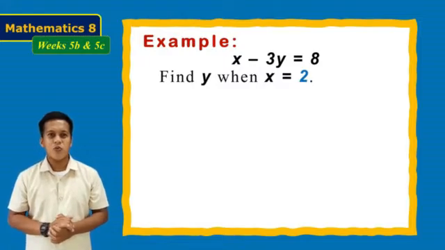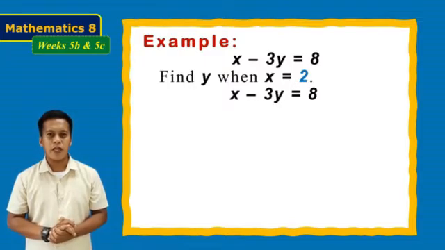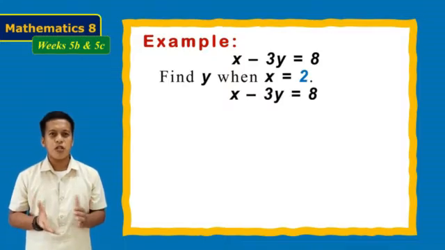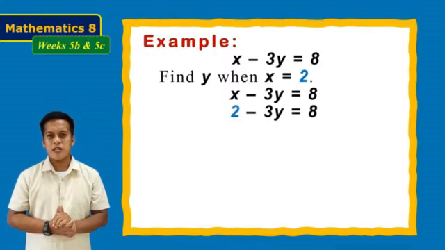To find the value of y, first, copy the equation x minus 3y equals 8. Substitute 2 as value of x. So, 2 minus 3y equals 8.